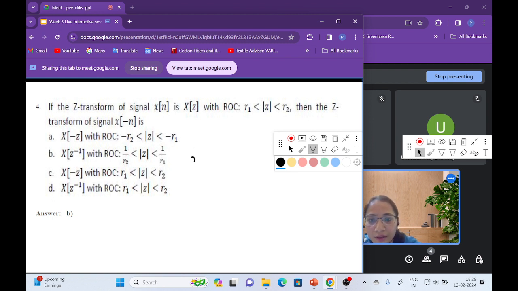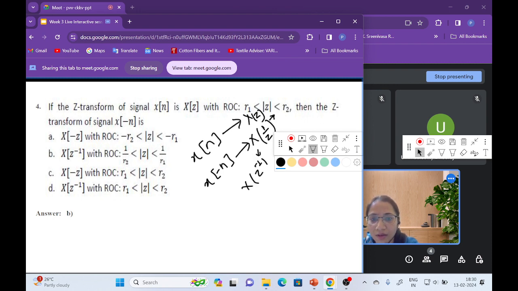So if the z transform of the signal x of n is x of z with ROC as given, then the z transform of x of minus n will be x of 1 by z, represented as x of z inverse, and the ROC will also be reversed. So the ROC will be 1 by R1 greater than mod of z and greater than 1 by R2.